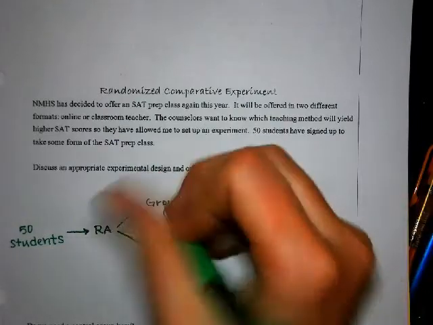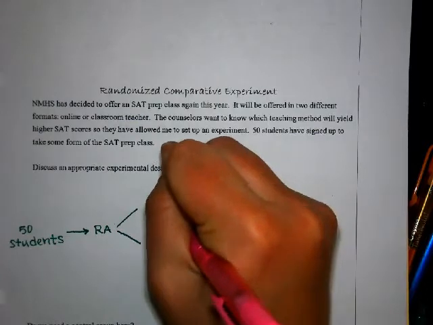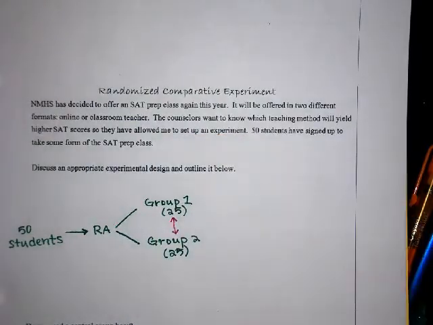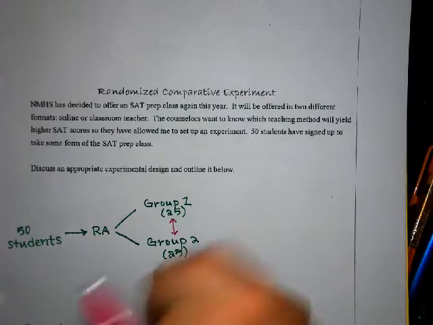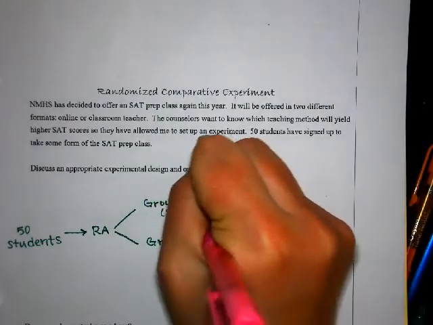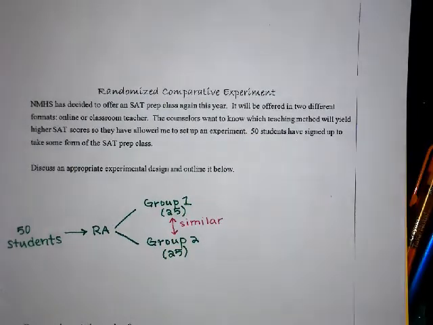In theory, I'm going to use a different color. Random assignment, just like randomization in our surveys, in theory, is going to create similar groups. So they should mirror one another, and they should mirror the population so that we can make inferences.